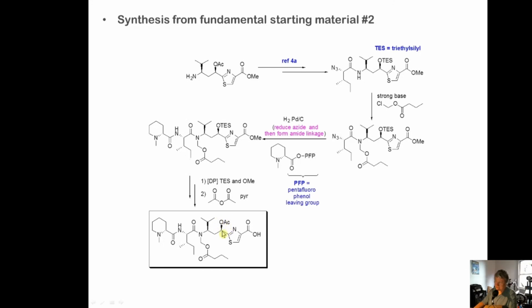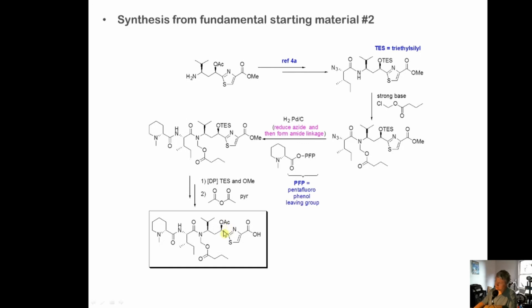The acetyl is a crucial part of the drug for biological activity. So they need the acetate. Strategically, they started with acetate, they made it into TES, they did a bunch of steps, and then later they turned it back to acetate. I think that's what they had to do.